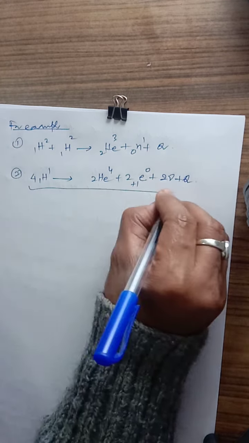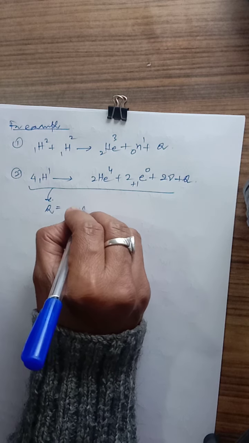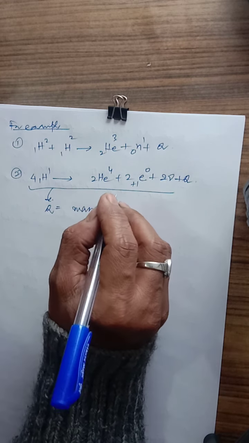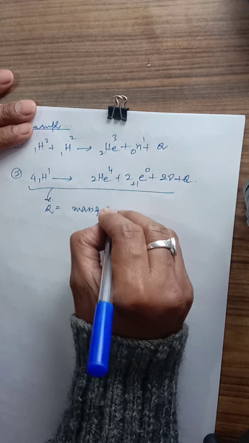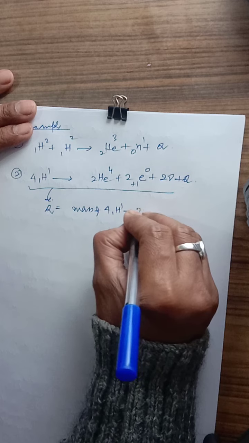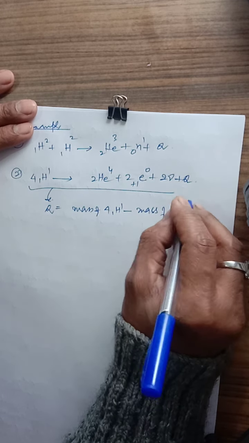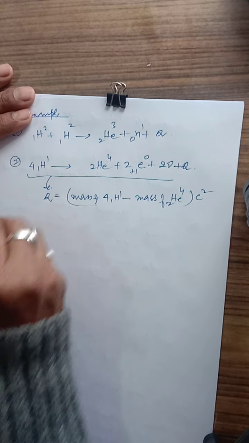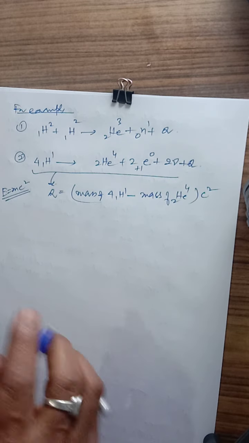So in this case, the amount of heat is calculated from the mass. We have to find out the mass defect in this case. That is the mass of 4 hydrogen atoms minus the mass of 1 helium atom, multiplied by c square. E equals mc square is the formula which we are using.